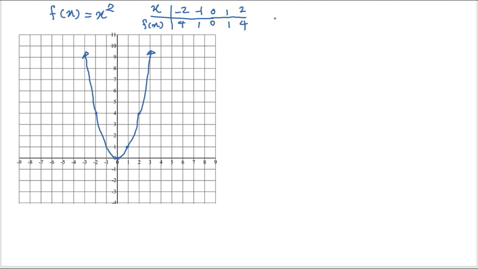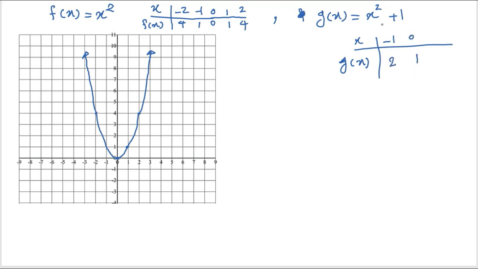Now let's graph g of x. G of x is equal to x squared plus 1. Then x and g of x. Negative 1 squared is 1 plus 1, 2, 0, 1, 1, 2, 2, 4 plus 1, 5.